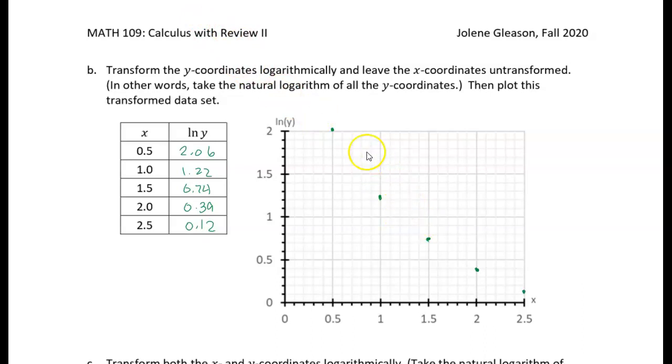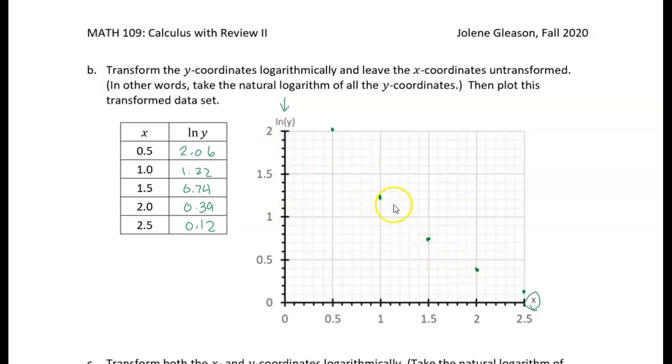I should also mention that the y-axis is the natural log of y. The x-axis is still the x-axis, but we're plotting the natural log of y. So essentially this y-axis is a logarithmic scale, but we're just plotting the natural log.